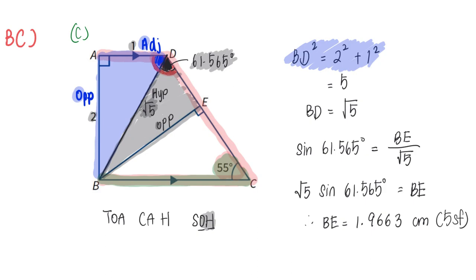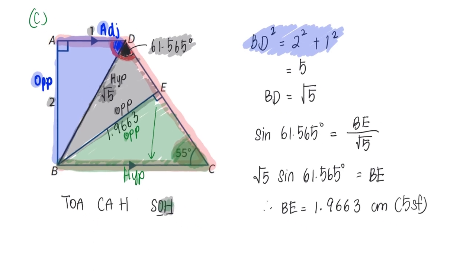And then we can focus on the green triangle, where we are required to find BC. BC is my hypotenuse with respect to 55 degrees here, and my BE is my opposite side. With O and H again, we tap on our sine ratio.